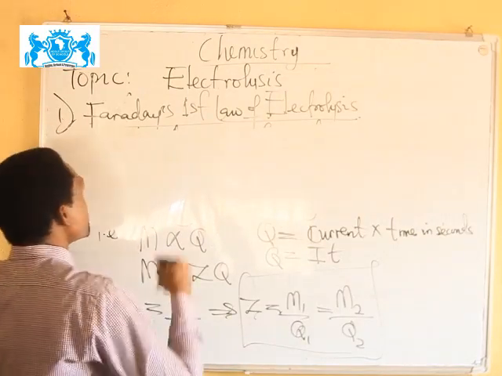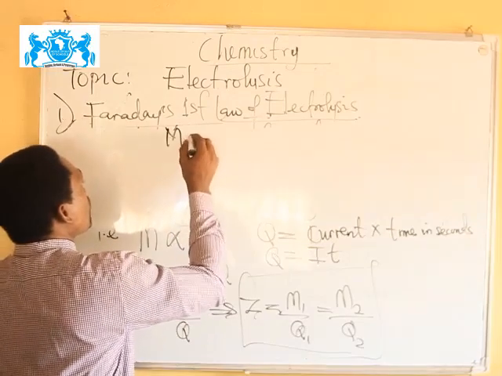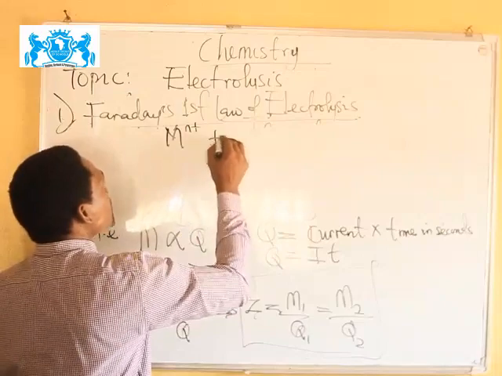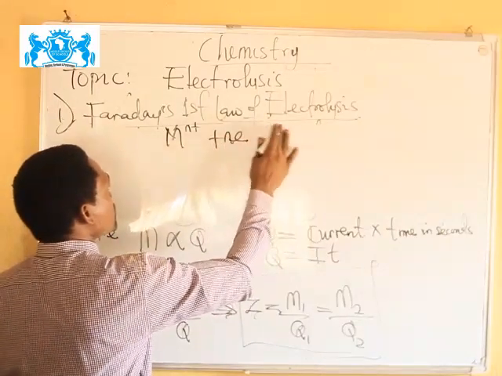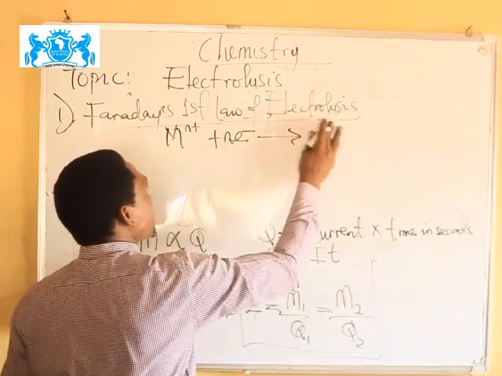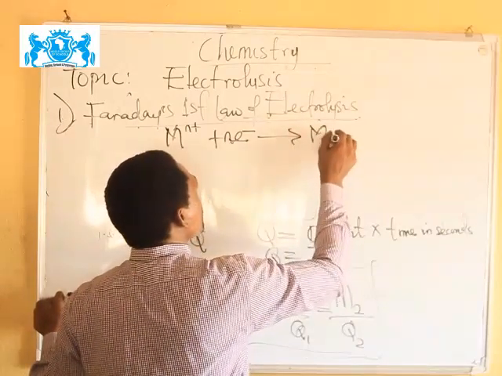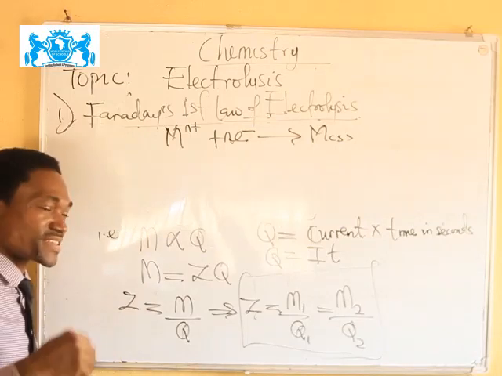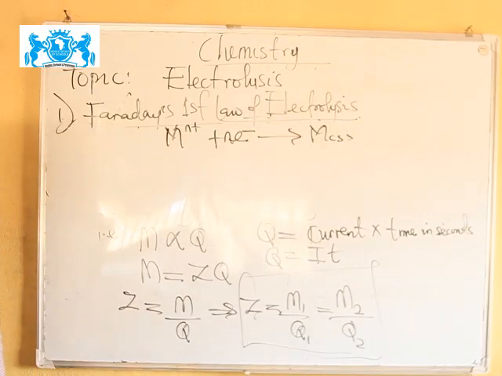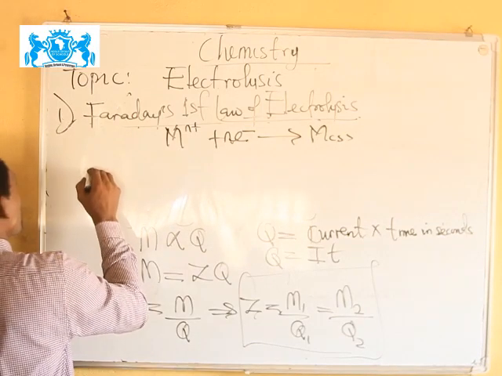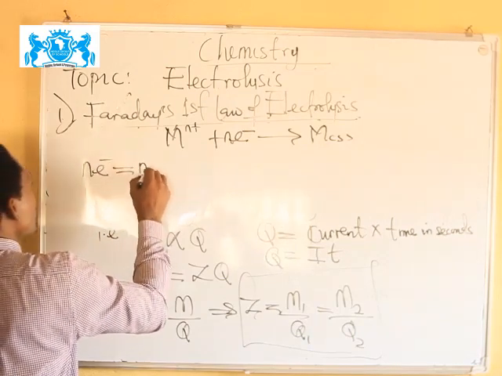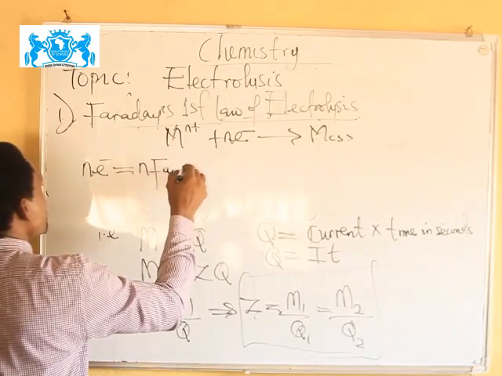For instance, if a metal which has an oxidation number of +1 has to gain n number of electrons to be deposited as metallic solid, the n number of electrons there represents the number of Faradays.